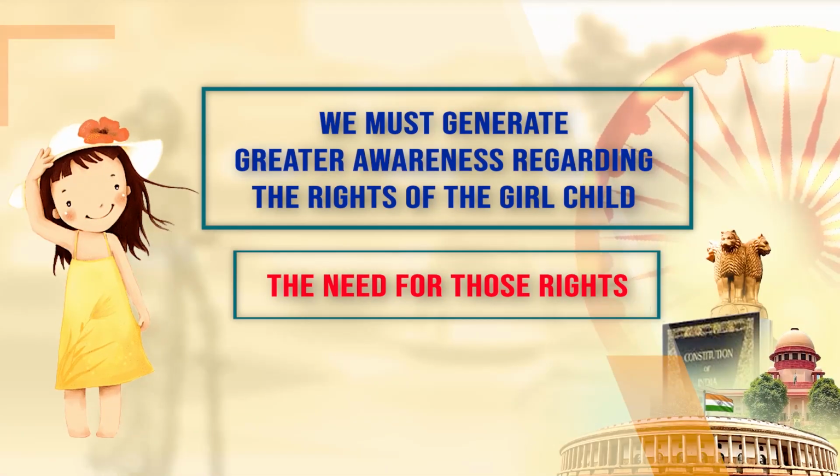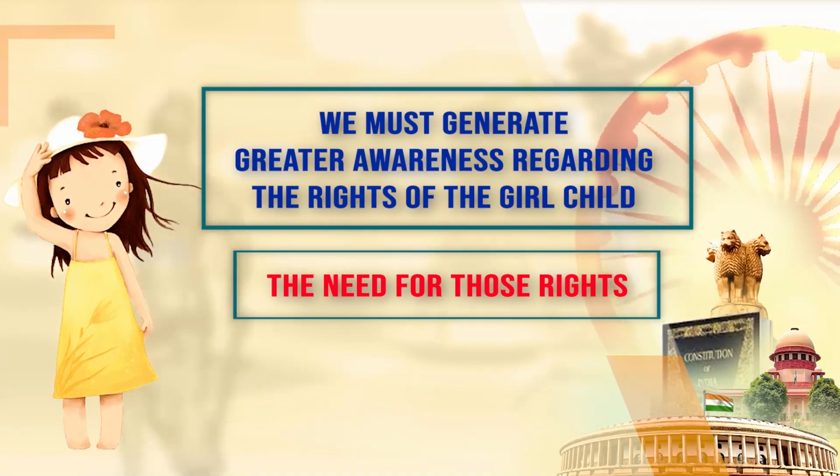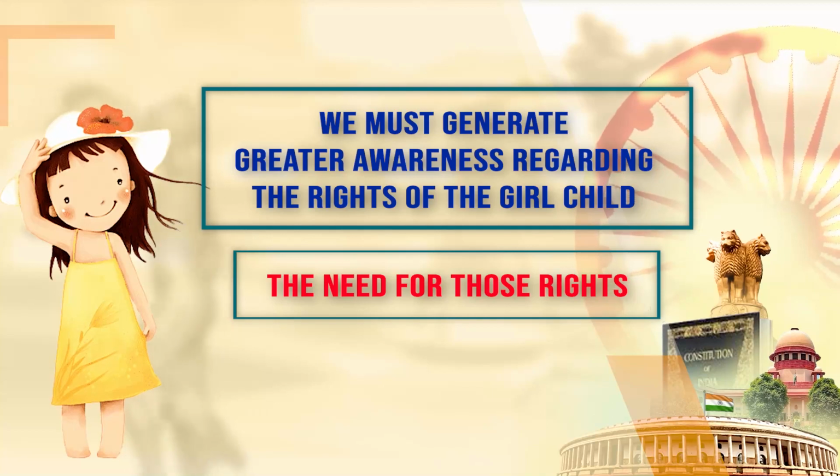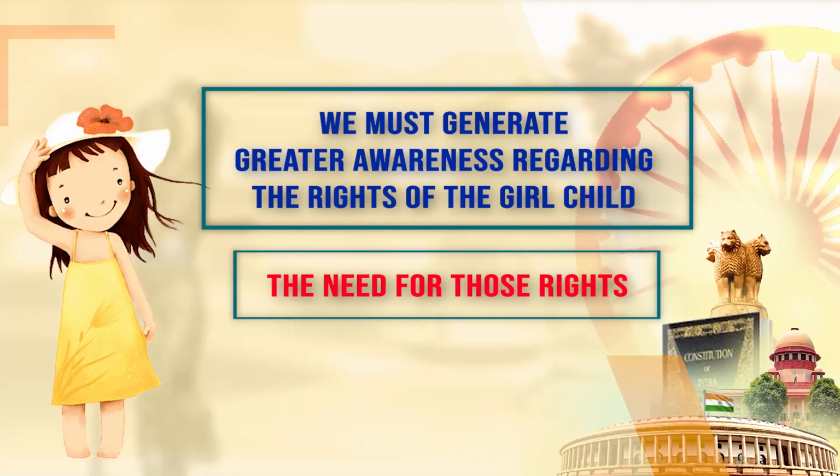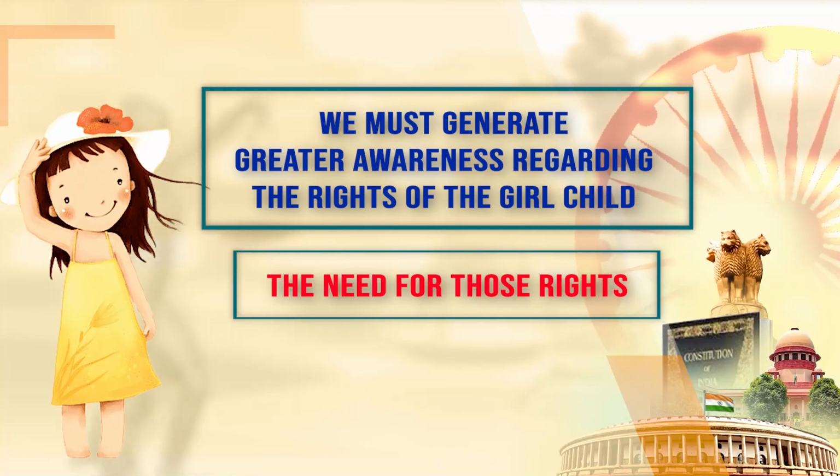Next, we must remember the need for awareness of the rights of the girl child. We must generate greater awareness regarding the rights of the girl child, and we must also generate awareness regarding the need for those rights. We must understand why these rights exist, and once we understand why the rights exist, we will also be able to accept the existence of the rights of the girl child.